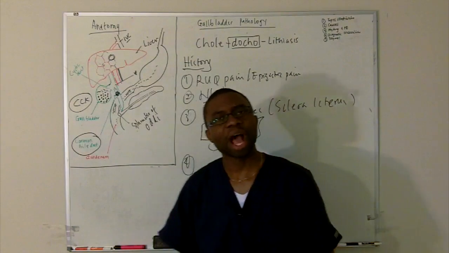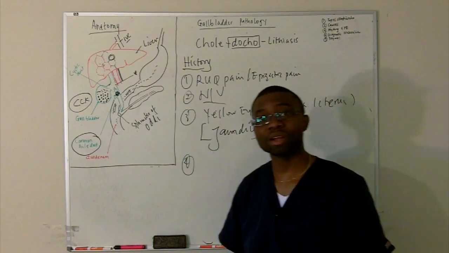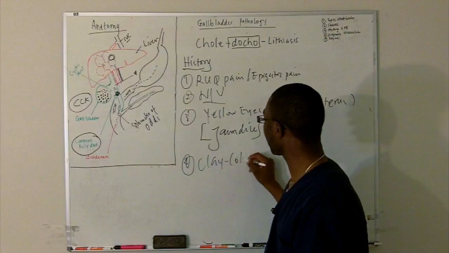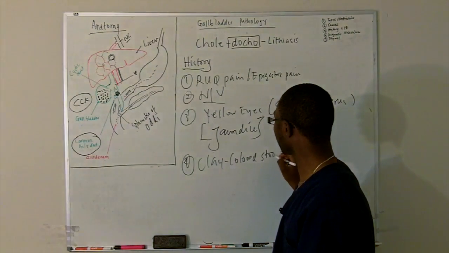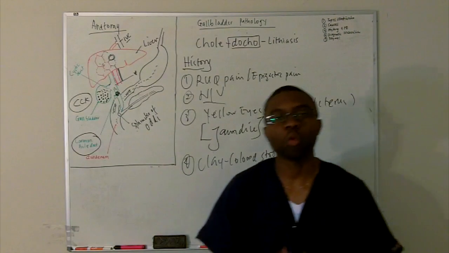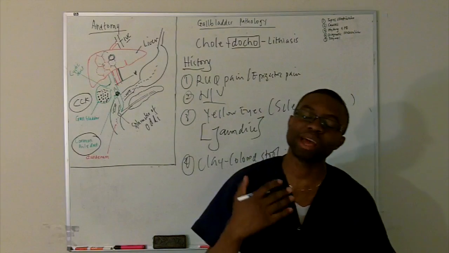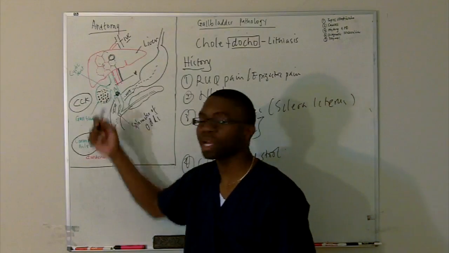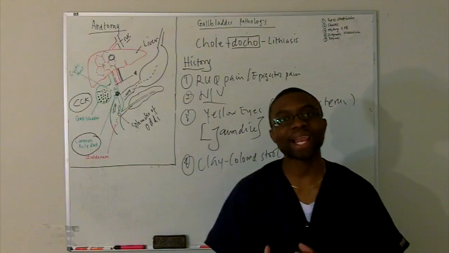You ask them, how's your poop? Yeah, I know. It's clay-colored. Clay-colored stool. Why is this stool clay-colored? It doesn't have any color. What do you think gives your poop that brown, whatever color it comes out to be? It's the bilirubin and the bile acids.